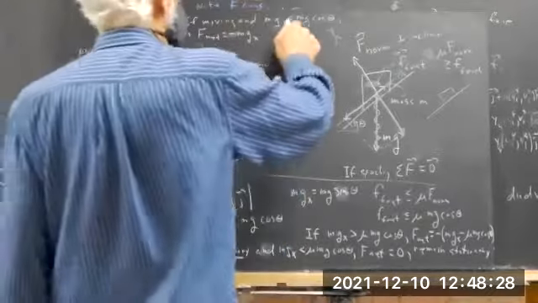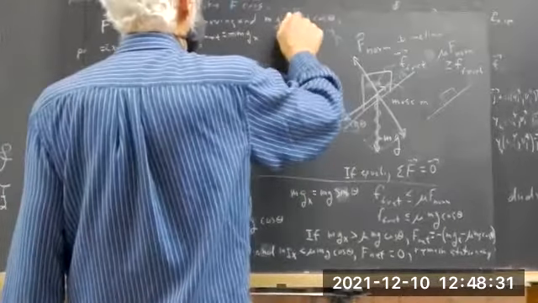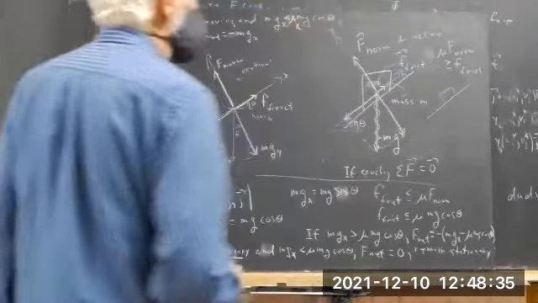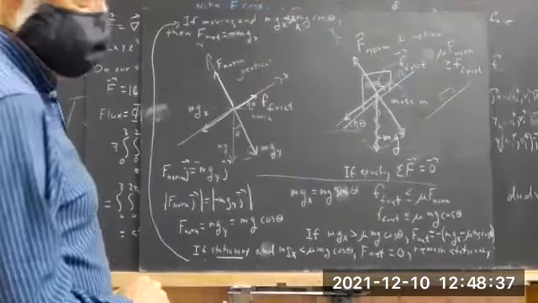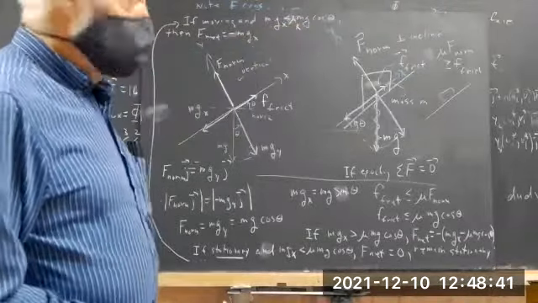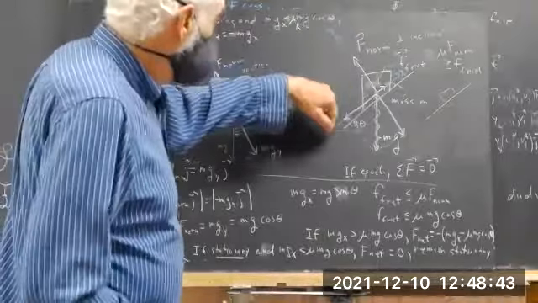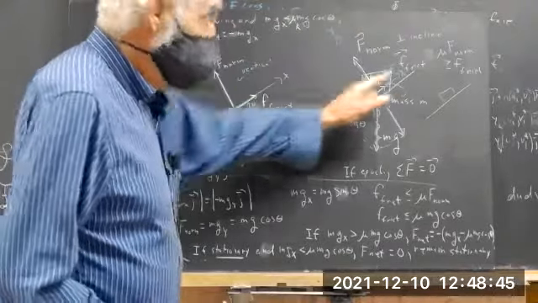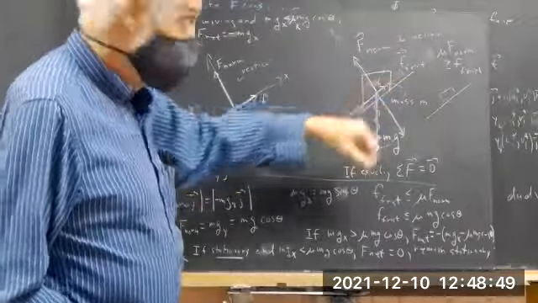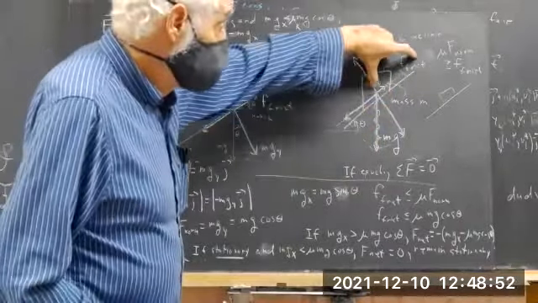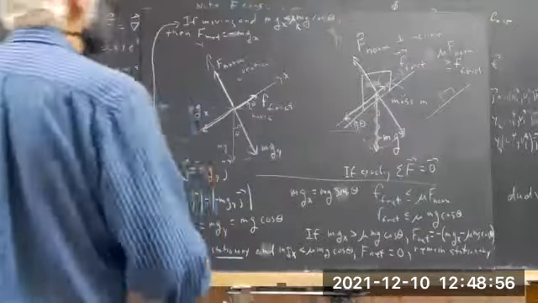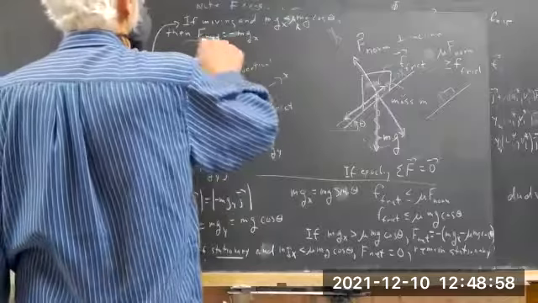I mean, I need the mu in here, right? Okay. That's mu k mg cosine theta. That means that this force is less than this force in magnitude. So you're going to have a net force in that direction. If you have a smaller force here, the larger force here, you get a net force.